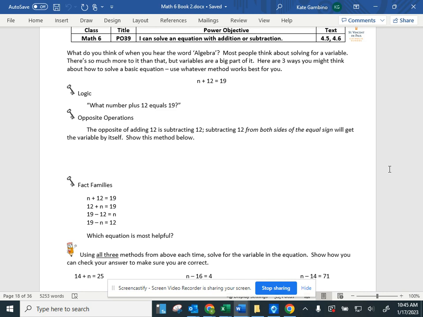So when we get to more complicated, and we will get to way more complicated equations, we need to know the organized way to solve it, or we will be lost. So even if you look at these equations and say, I can do it in my head, do not. Solve it the way that I show you.